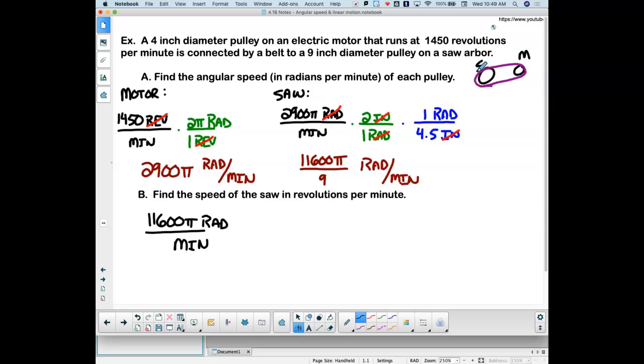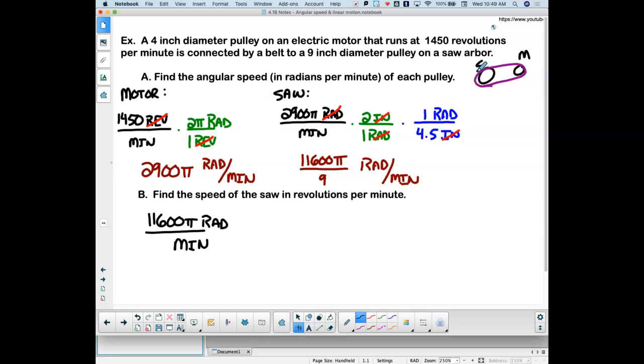That's the linear speed of that belt going around between those two pulleys. I didn't use a 2-inch diameter, I used a 2-inch radius, because it was a 4-inch diameter pulley on an electric motor. So the pulley is what's spinning. So you use the motor radius? Yep, to get the linear speed of the belt.